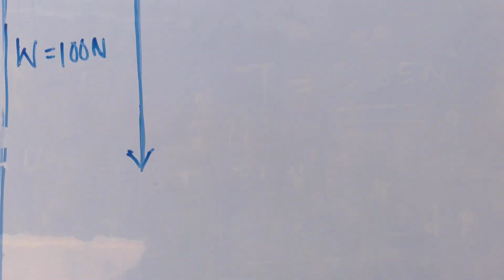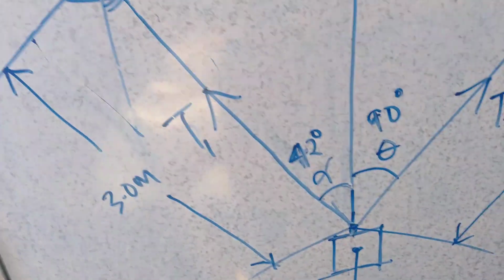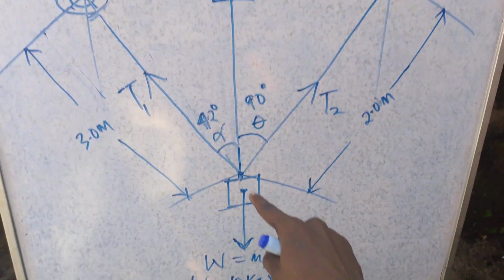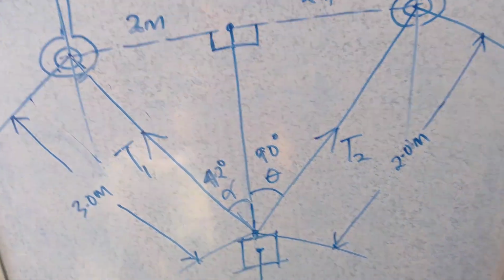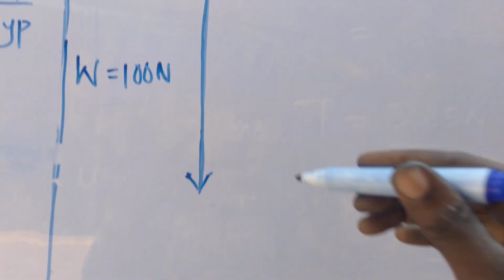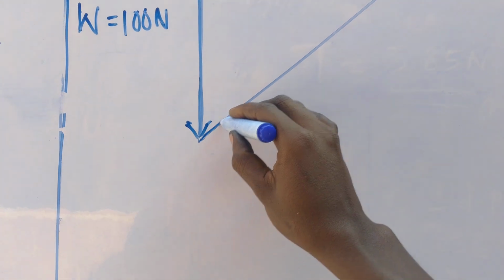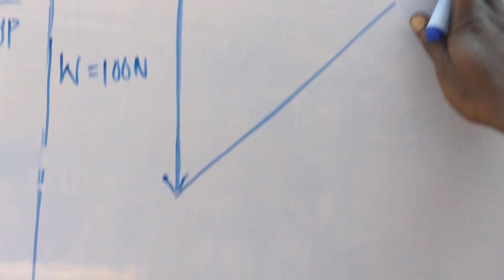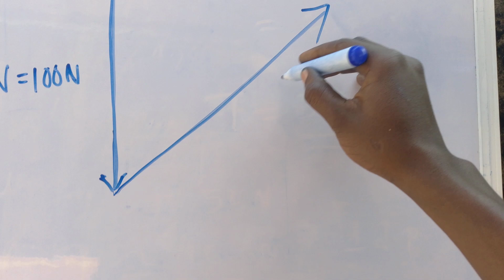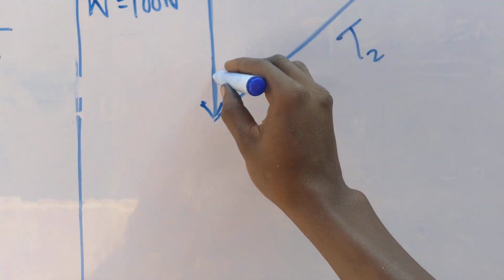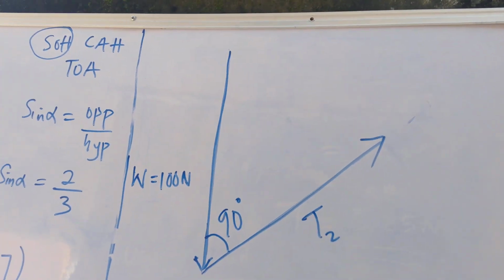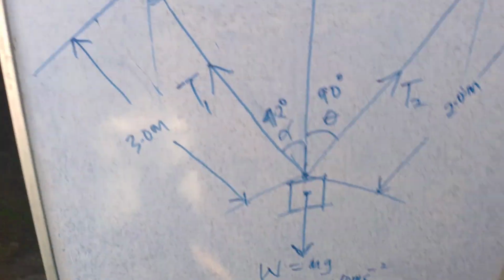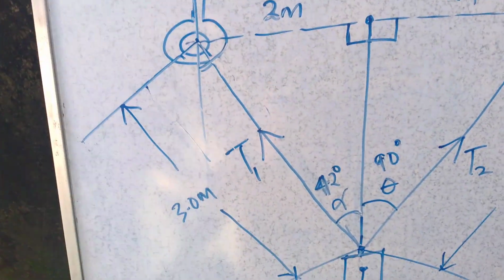And then I'll come back again. I will then take this tension force going this way, inclined at 90 degrees. Take my tension force going like this, tension T2. The angle is 90 degrees with respect to the vertical. Then I'll take tension T1 going like this.